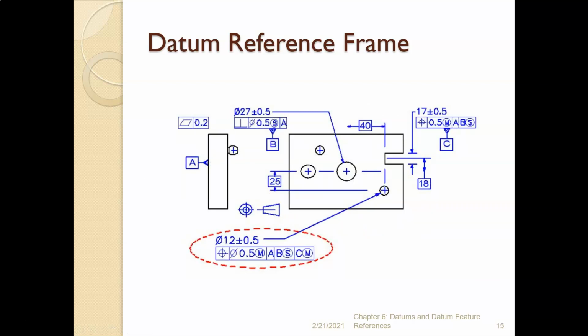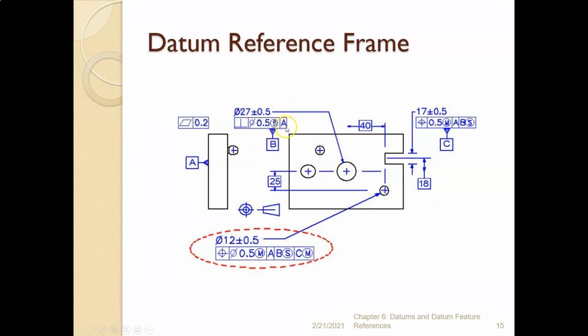All right. Here's another example of datum reference frames. Now, this is a little bit of an older drawing, so you see an S right there. That S has been removed from the standard, where the S stood for regardless of feature size, and now we don't need that S to indicate regardless of feature size. But here, how many datum reference frames do we have in this drawing?